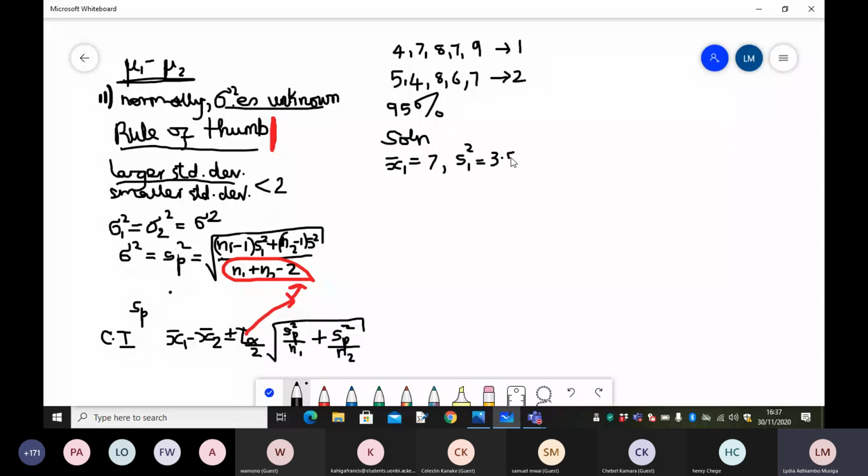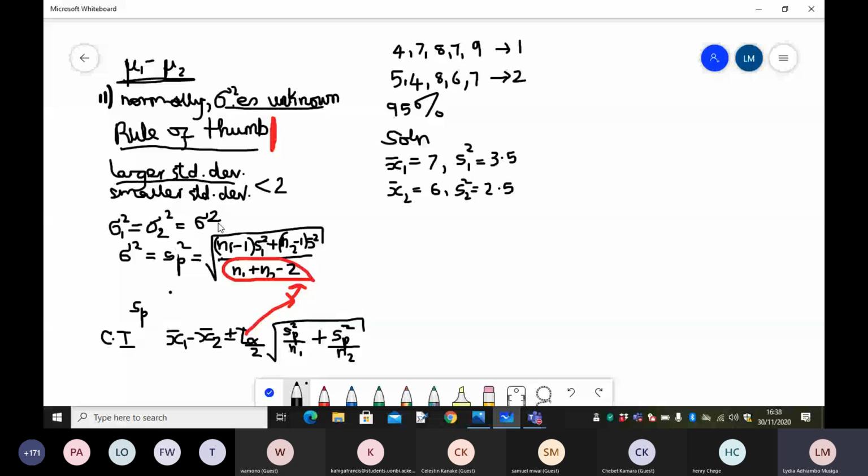For the second sample, x bar 2 is equal to 6. And then S2 squared is equal to 2.5.